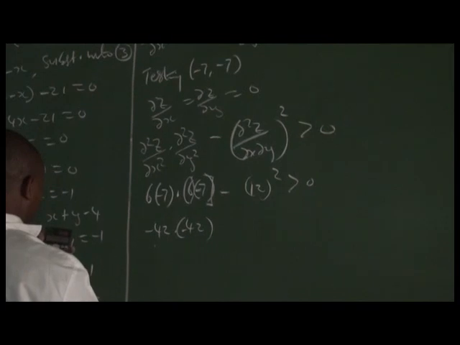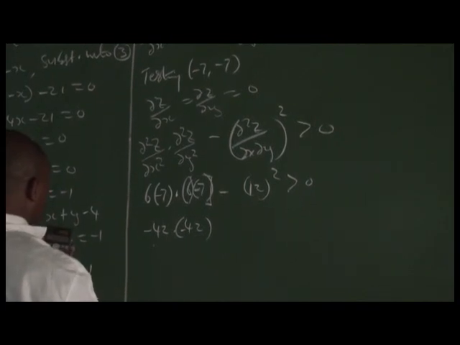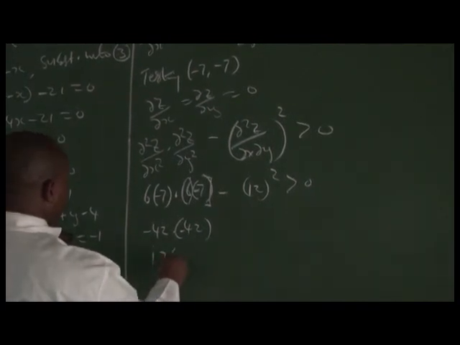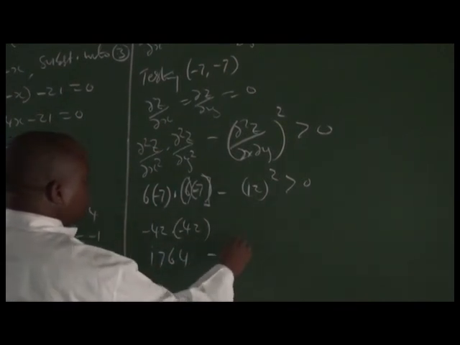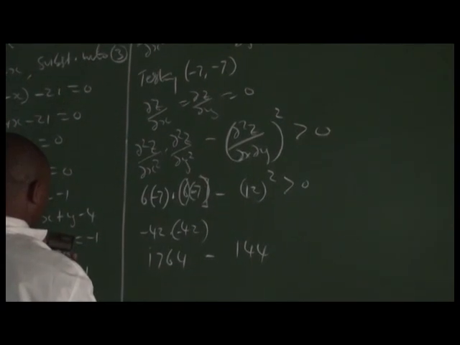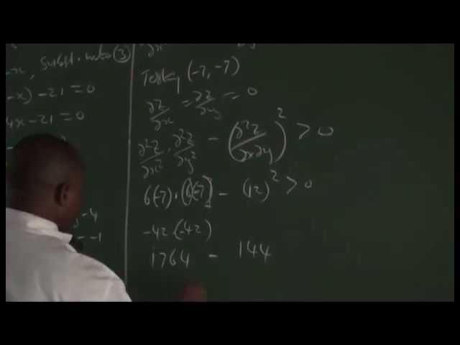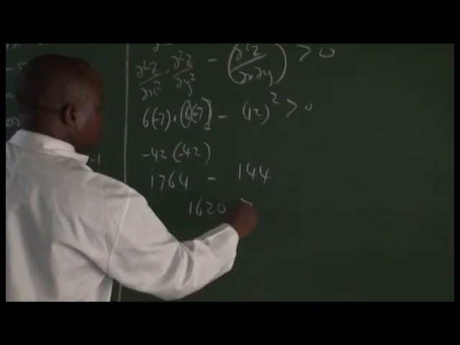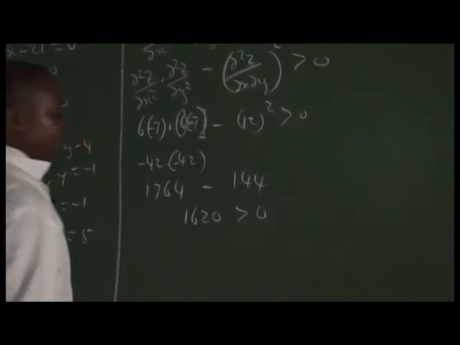If you multiply them, 42 times 42 gives us 1764. Now this is 144. So 1764 minus 144 will give us 1620, and it is greater than 0, positive.